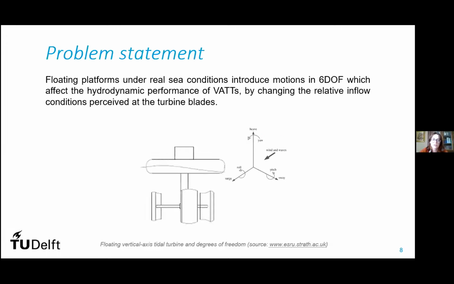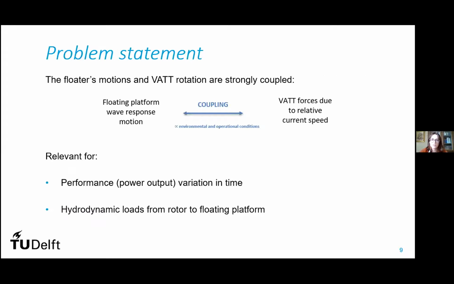So our research is about a floating vertical axis tidal turbine, and the main challenge in studying the hydrodynamics of these turbines is that the floater moves under wave-induced motions in 6 degrees of freedom, and this induces a change in the forces of the vertical axis tidal turbine because of the change in relative current speed.